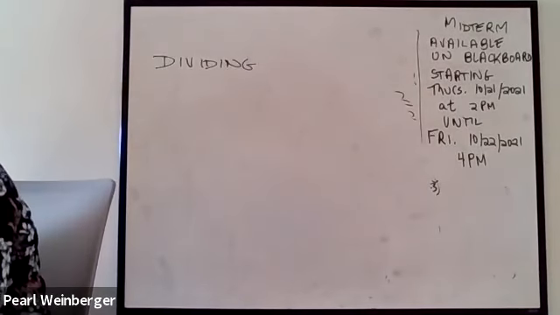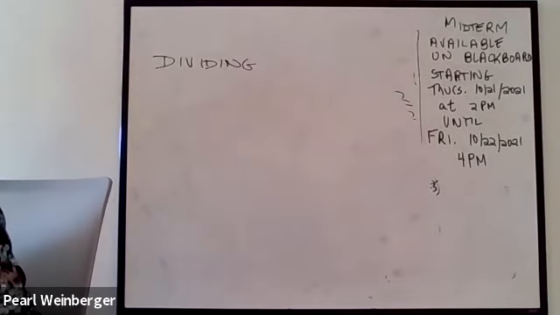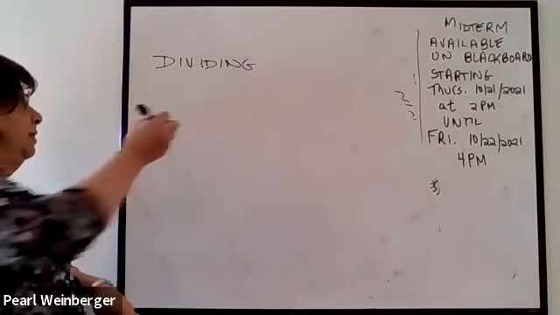So let's talk about first, what happens if I want to divide a polynomial by a monomial. Let's say I have something like this.